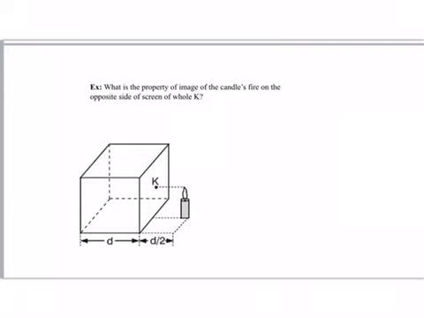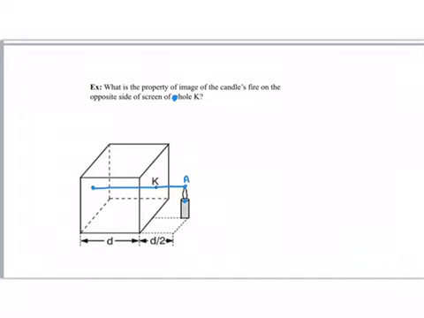What's the property of the image of the candle flame on the opposite side of the screen of hole K? This is the hole. So I put 2 limiting point sources at the top and the bottom of the flame. This light will go through the pinhole and will be lightened here.